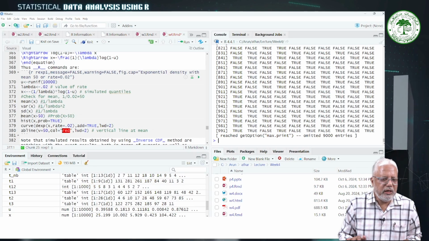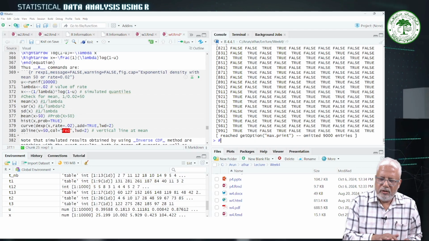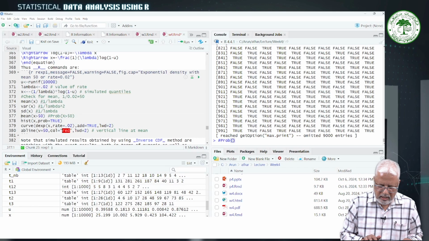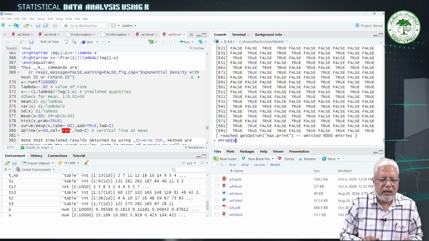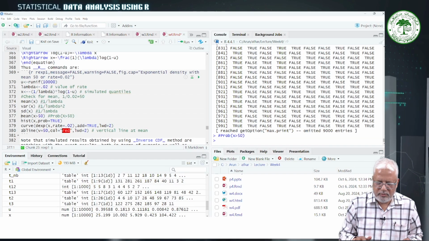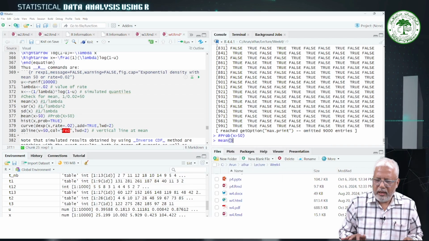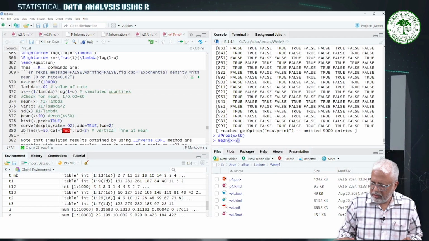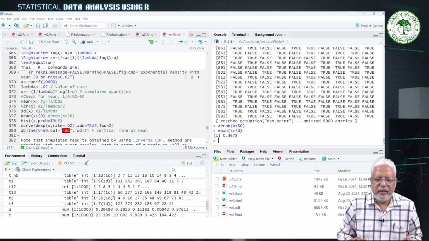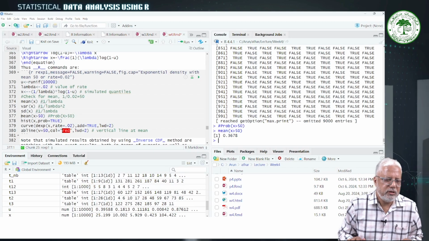So if we take the mean of these, it is nothing but the probability of x greater than 50. So it is 0.36. Mean of x greater than 50 is 0.36.